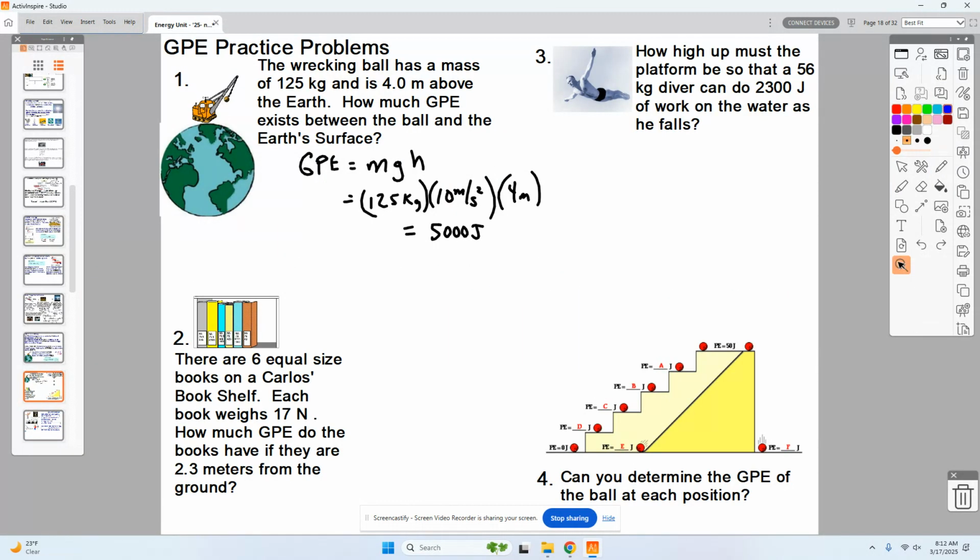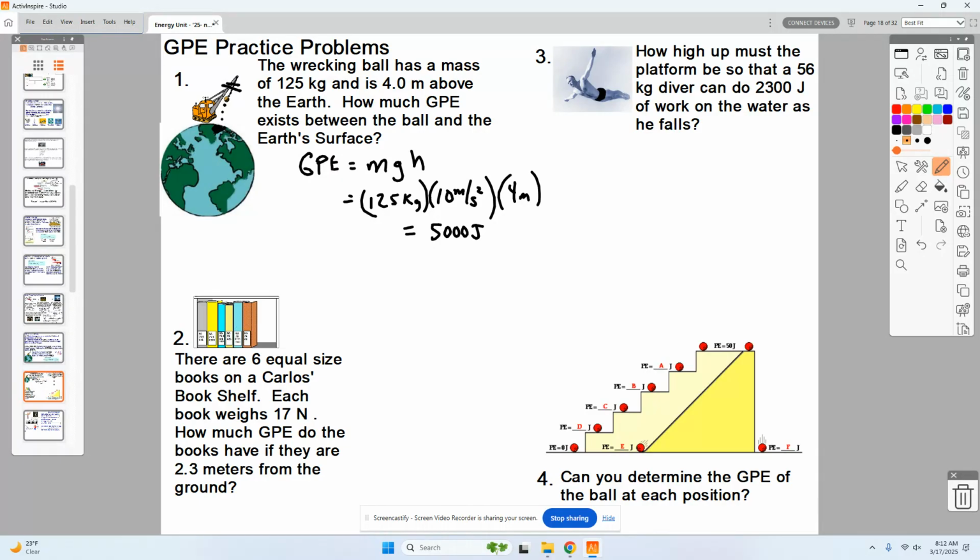Now, quick question for you. See if you can answer this concept-based question. If I were to cut that chain right here and just allow that ball to fall, it's going to fall down to the Earth, and it's going to leave a crater in that Earth as it exerts force on the Earth to come to a stop.